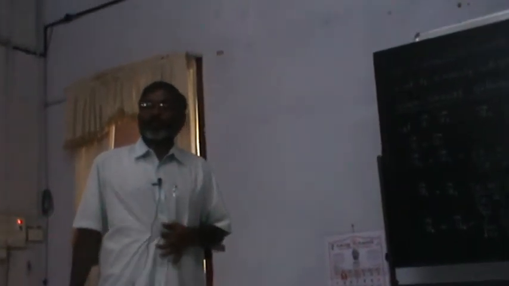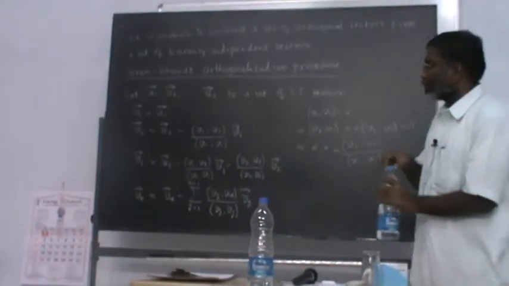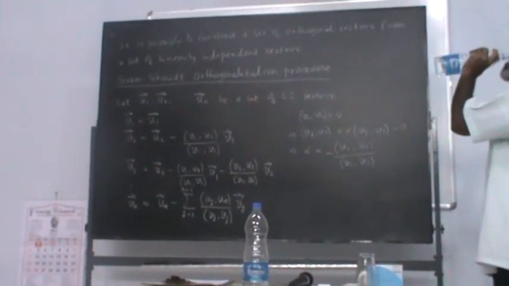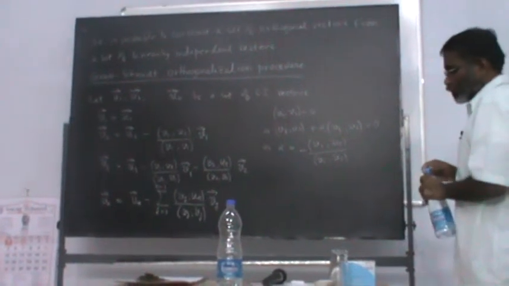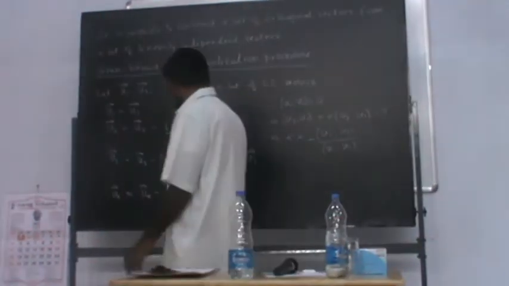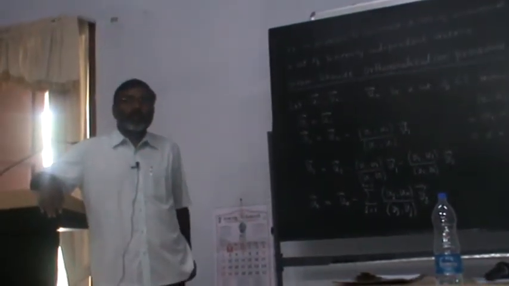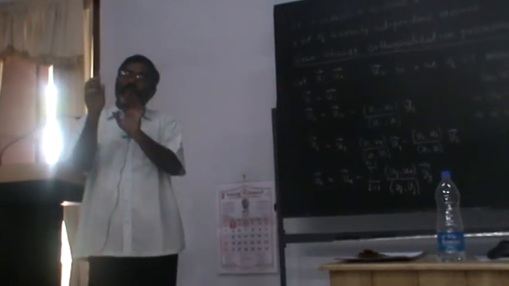So, is there any doubt in the construction? Take u3 along v1, because I want it to be orthogonal to v1, so I take the projection along v1 and subtract it.